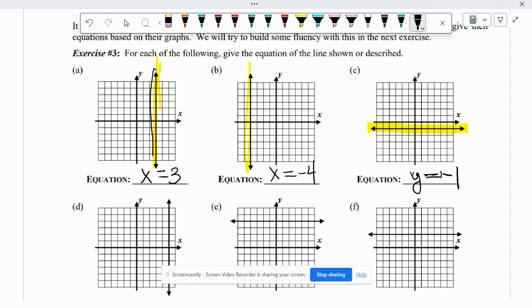Alright. So I want you guys, while the screen is off, you do DEF. Write the equations for D, E, and F. You should be able to do that with no problem.